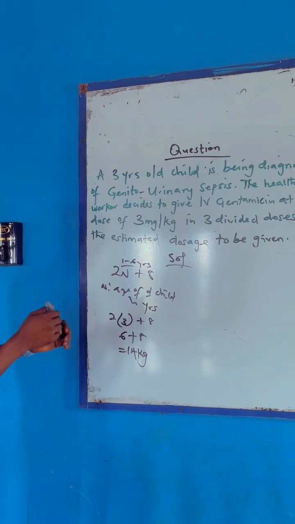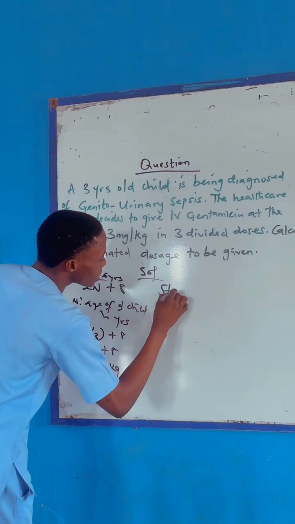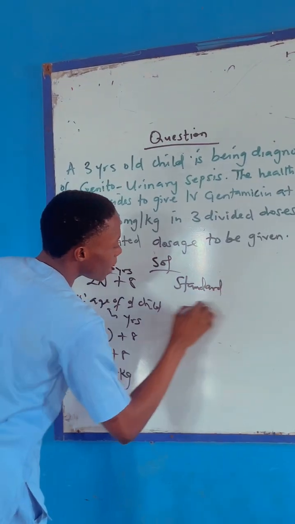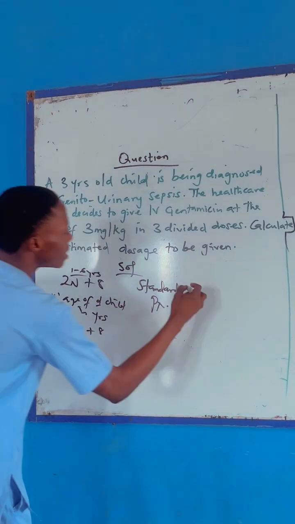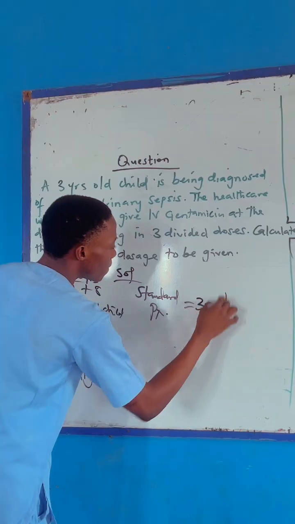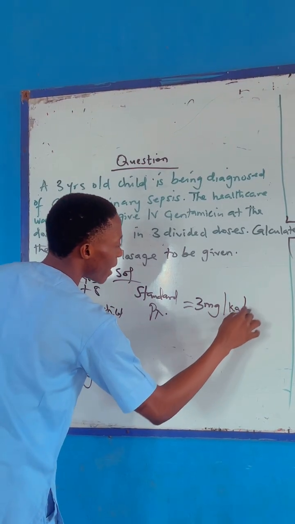So now, our standard prescription, as far as this question is concerned, is 3 mg per kg per day.